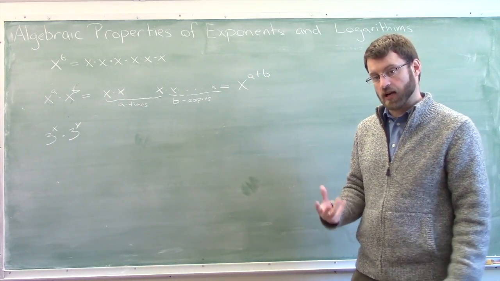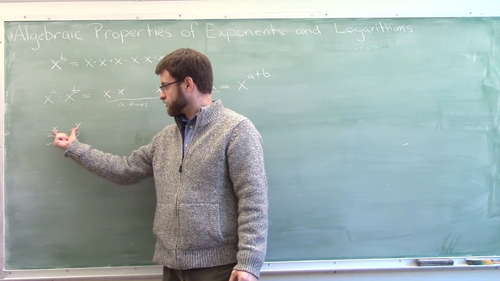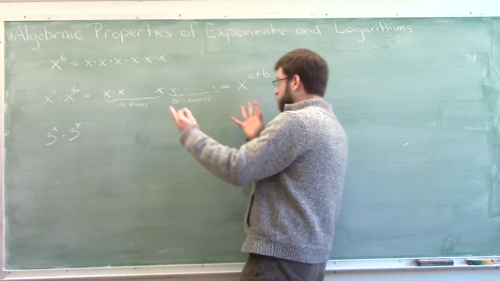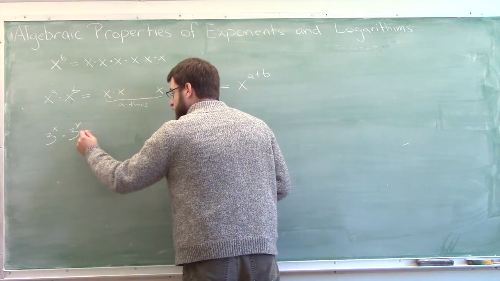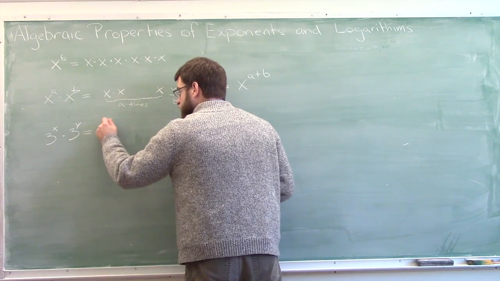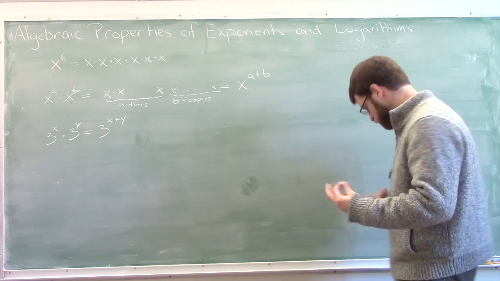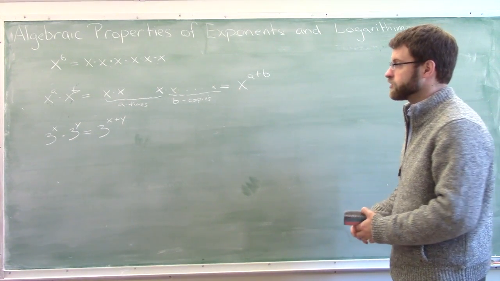So it's the same exponential function, but we're evaluating it with different numbers of copies of the 3s going into that function. This property still works in exactly the same way. So 3 to the x times 3 to the y is going to be equal to 3 to the x plus y. Okay, so that's one of the first properties of exponents and exponential functions, this addition property.